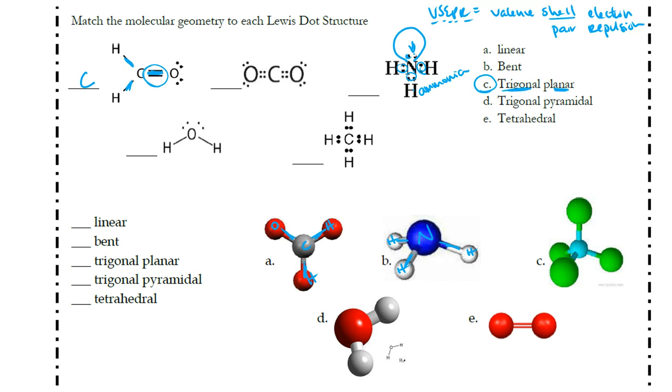But this pair of electrons is sitting up here taking up space, which pushes those hydrogens down a little bit, forming, instead of a flat triangle, I now have a triangular pyramid, trigonal pyramidal, and then this guy was planar.